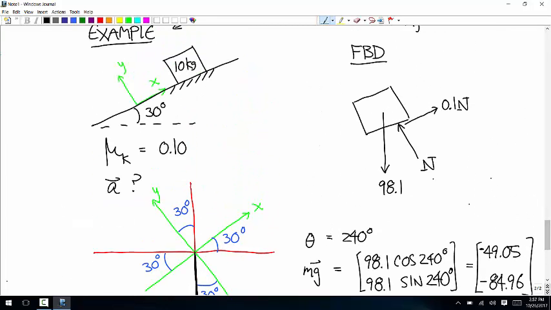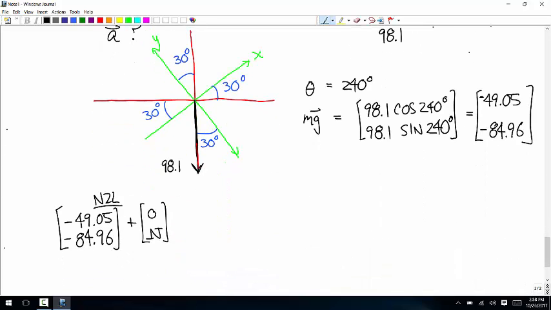We have the friction force that's only going to be an x component. In this case, is it a positive or negative x component? Positive, yep. So that's 0.1 n, 0. Those are all the forces, and then those are equal to the mass times the acceleration, which we're always going to represent the same, just a, 0, because it can only move along our tilted x-axis.